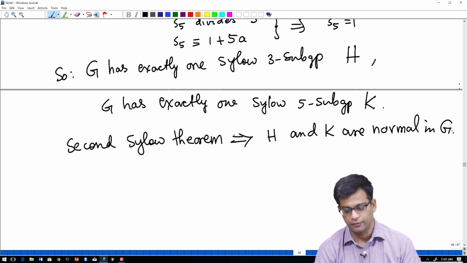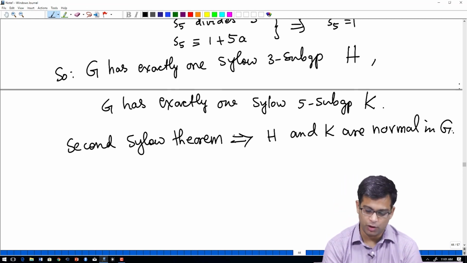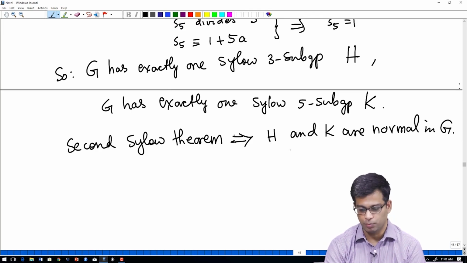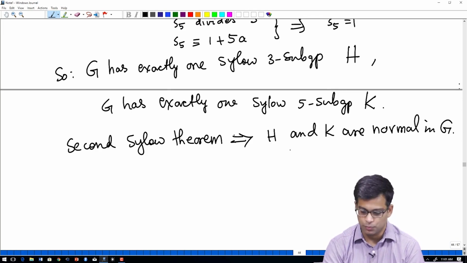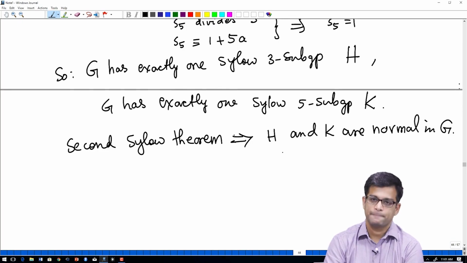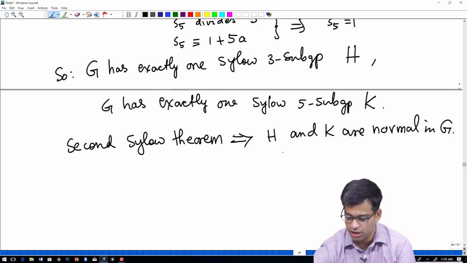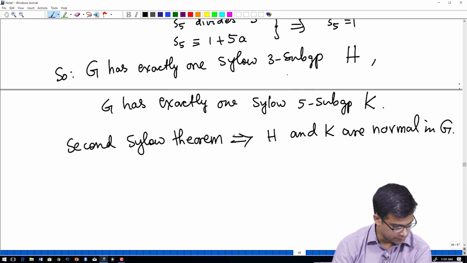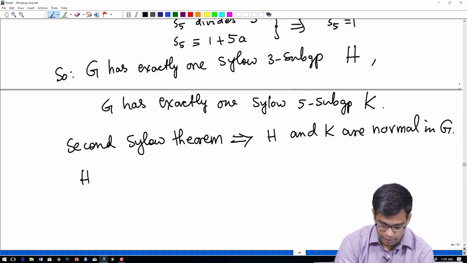Of course, we know G is order 15, but nothing more. So, because there is only one Sylow 3 subgroup, and any two Sylow 3 subgroups are conjugate, H must be normal in G, similarly K must be normal in G. So, note that H is a Sylow 3 subgroup.